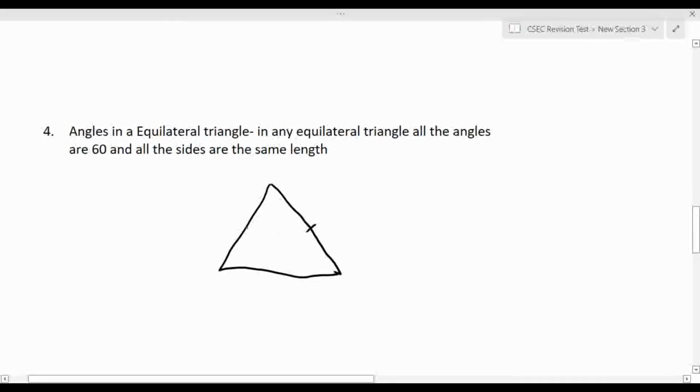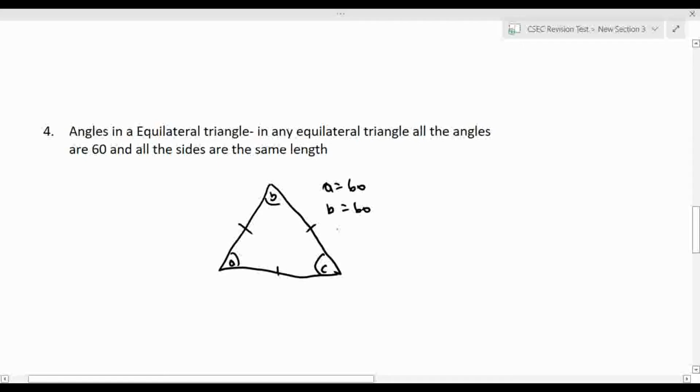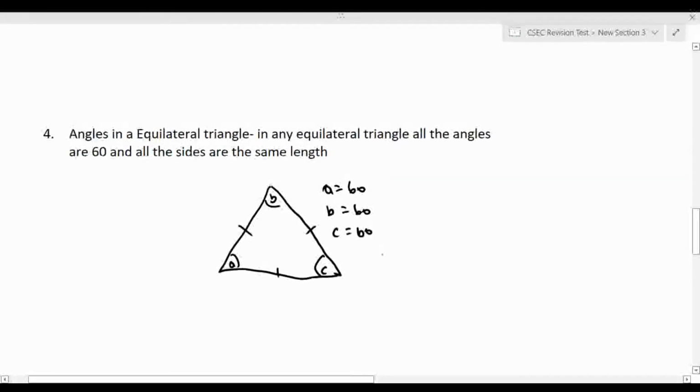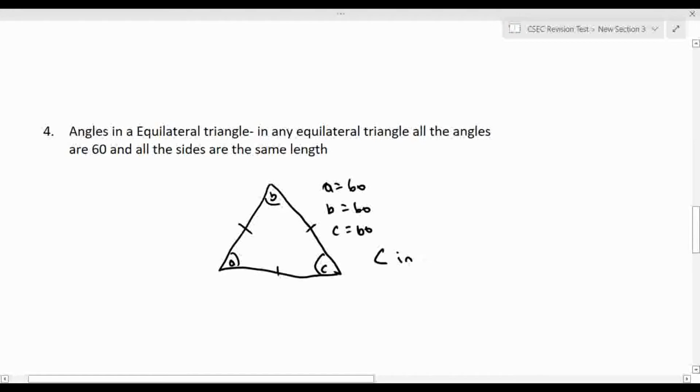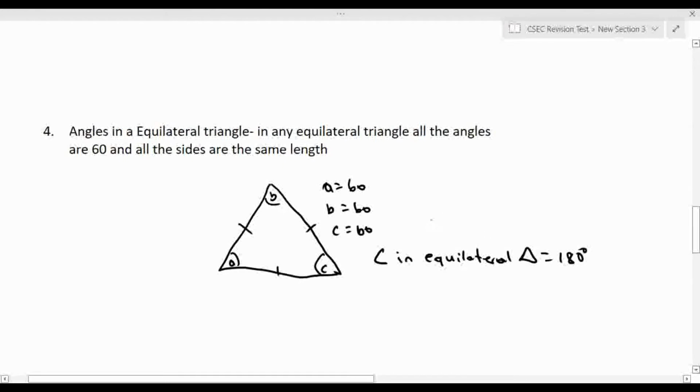The properties say all the sides are the same length and all the angles are equal, so A equals 60, B equals 60, and C equals 60. The angles in the equilateral triangle also add up to 180. Now 60 times 3 will give us 180 degrees.